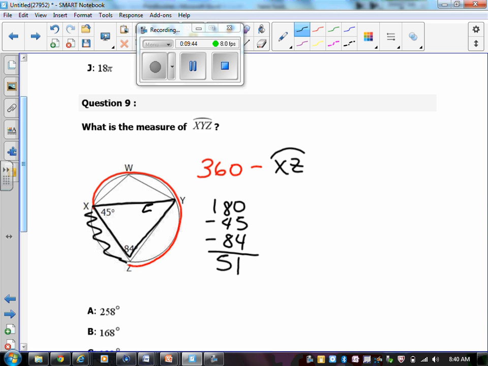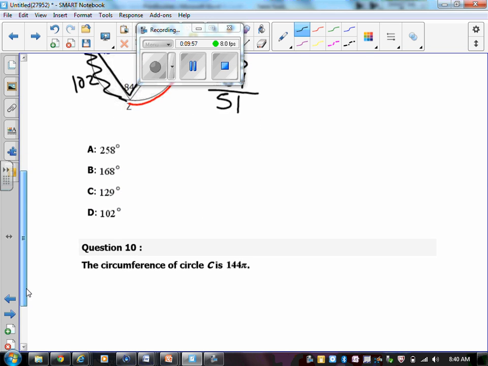So I know this is 51. So to find XZ, you have to double it. So when you do 51 times 2, you get 102. So XZ is 102, so all you have to do is 360 minus 102.